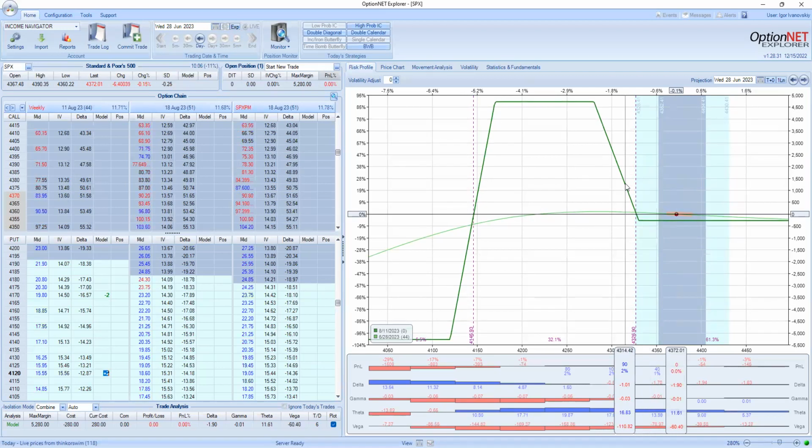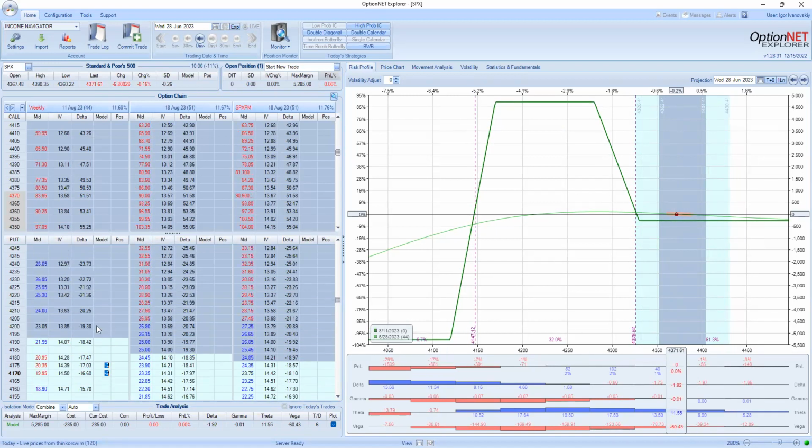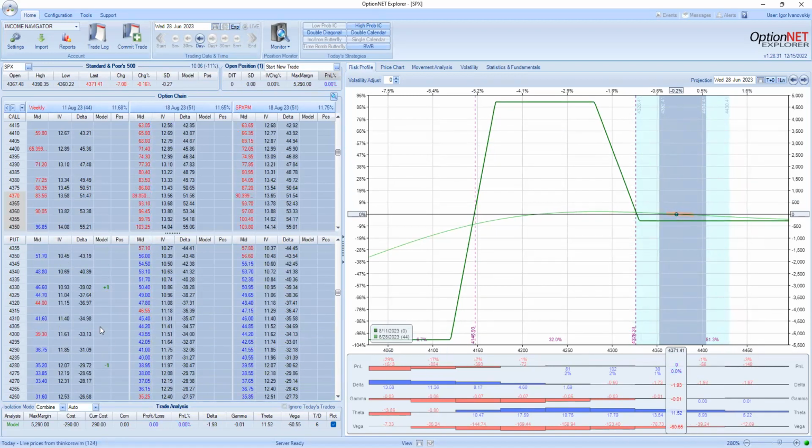We're going to collect a net credit for that. Let's say we're in this trade for about a week or two, and now the price is still outside of the bear trap and it's looking like it's going to continue to move higher, and we need to make an adjustment.